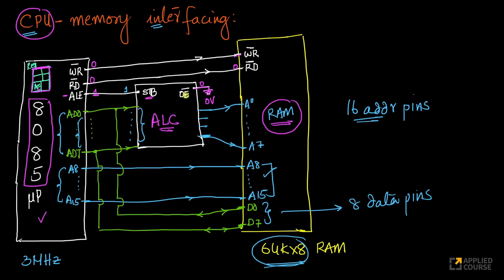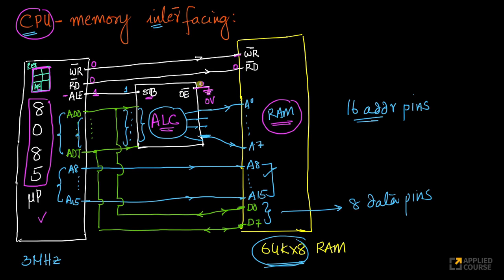Because my OE is always grounded, OE is always set to 0, whatever input comes in gets stored here internally, and the same input is passed to the output. Look at this. Whatever address is being sent here, all these 8 bits of address are copied internally. Ground in electronics means 0 volts.